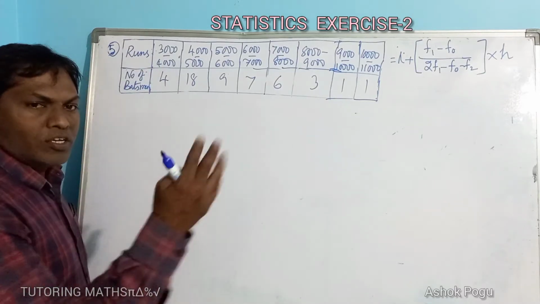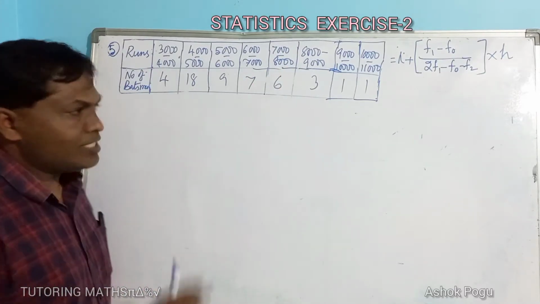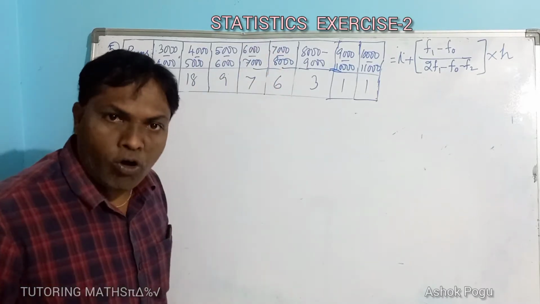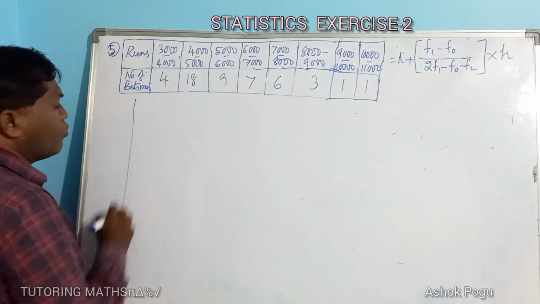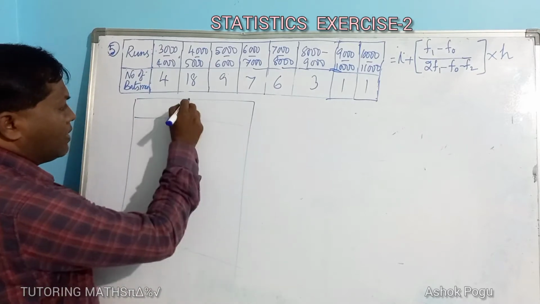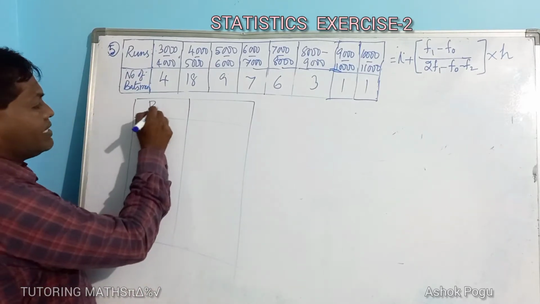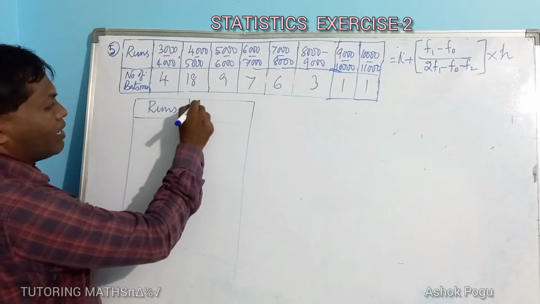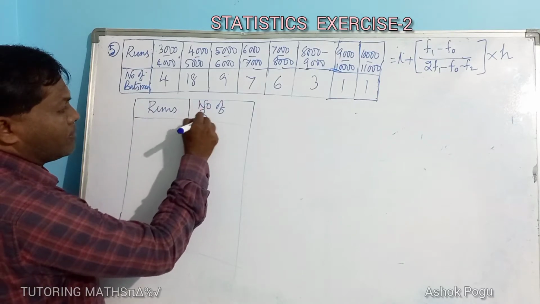Let us start. You know that this row should be taken as columns, and here we require only two columns: first, runs, second, number of batsmen.